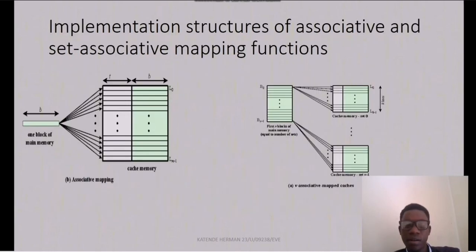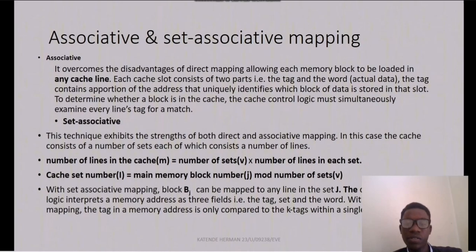So when you get the mod, that set you get, the control logic checks, and then can place a given block in a given set. So a block that has a tag matching a given set can be placed in any of the lines in that given set. That is the implementation of set associative mapping and associative mapping.